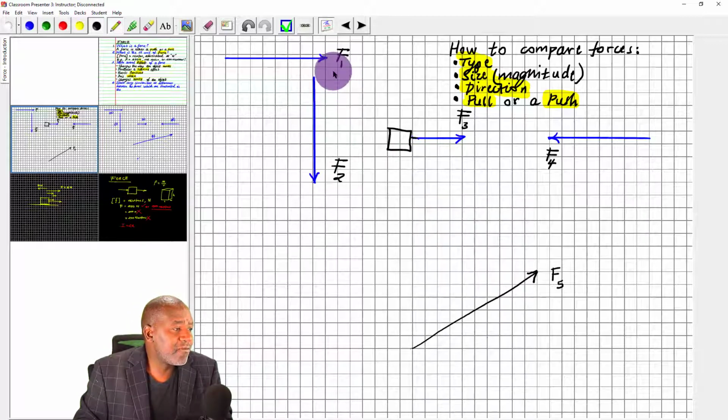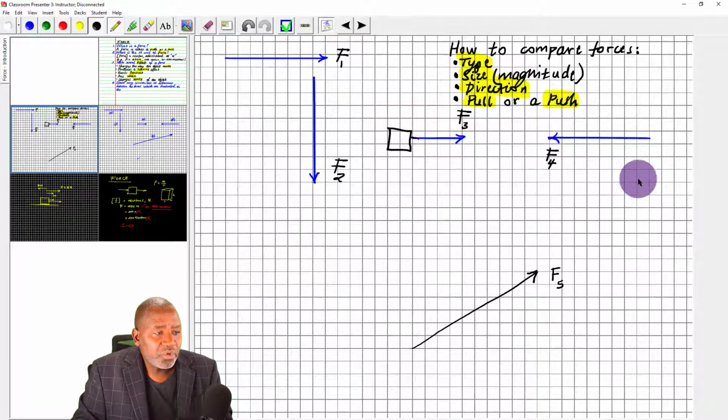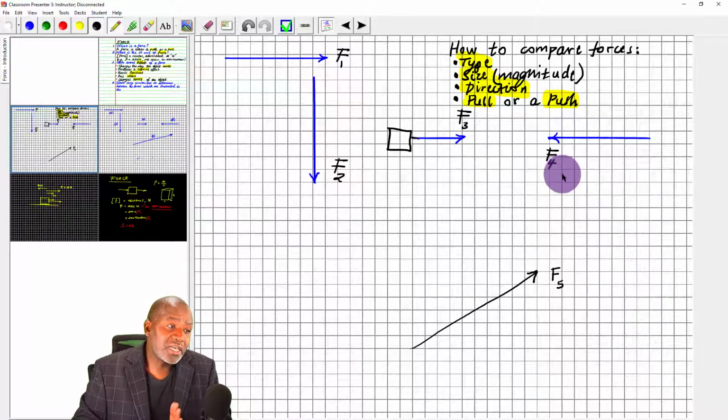When you look at F1, it is occupying 8 squares. The other forces which occupy 8 squares are F4 and even F2. I think this one is also 8 squares: 1, 2, 3, 4, 5, 6, 7, 8. So F1, F2 and F4 are similar in the sense that they have the same magnitude, the same size.